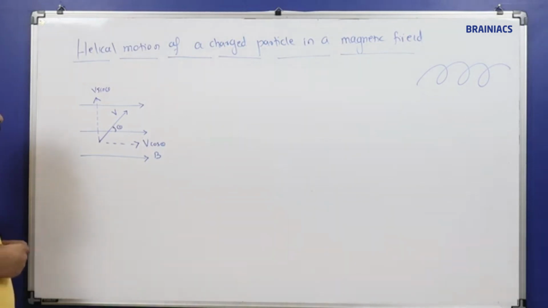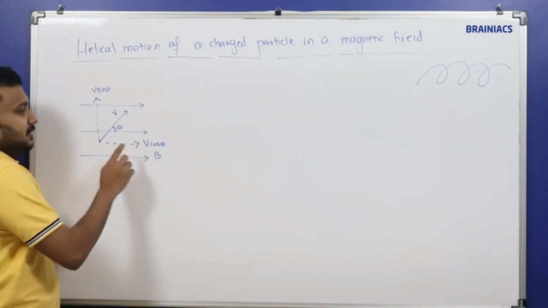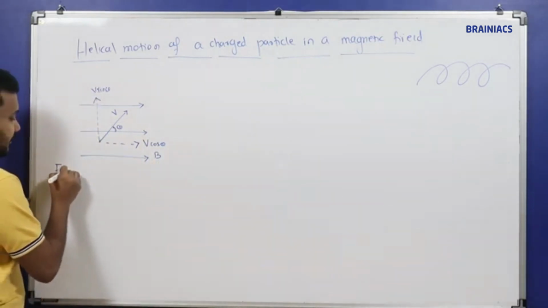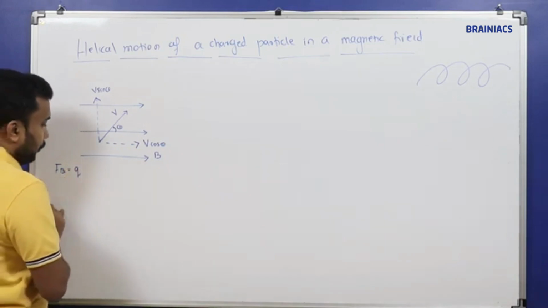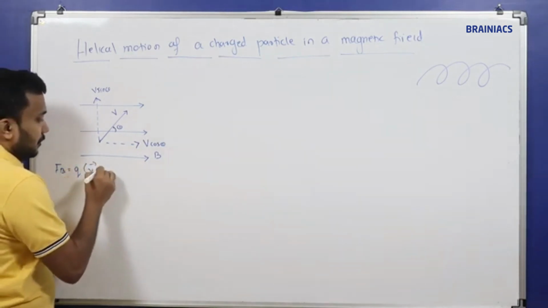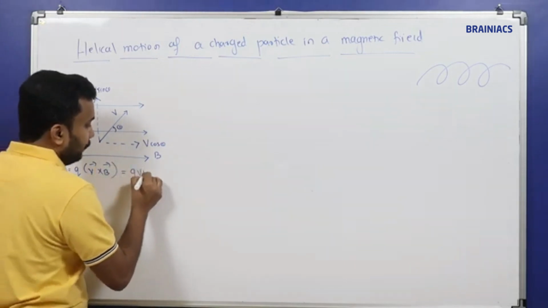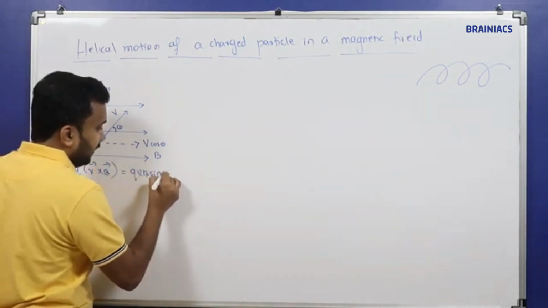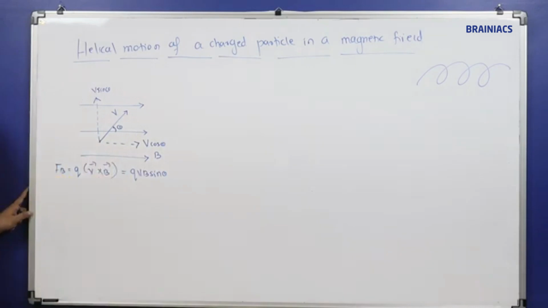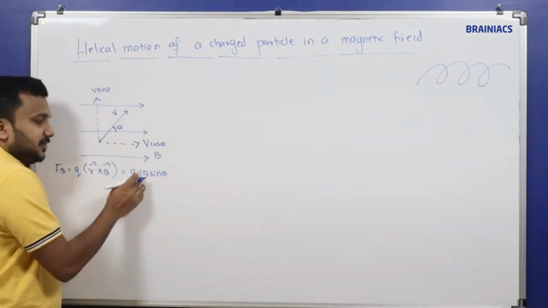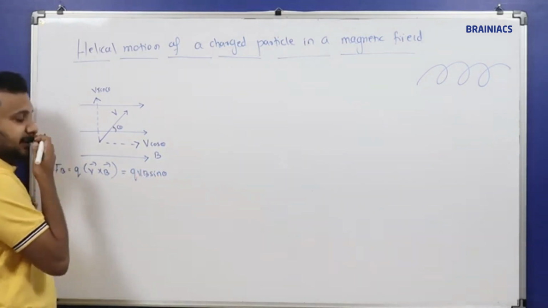Next, we know v cos theta is along the direction of the magnetic field. We know the magnetic force FB equals q into v cross B, which we write as qvB sin theta. Theta is the angle between the velocity vector and the magnetic field vector.